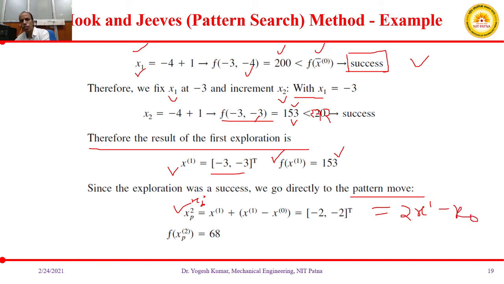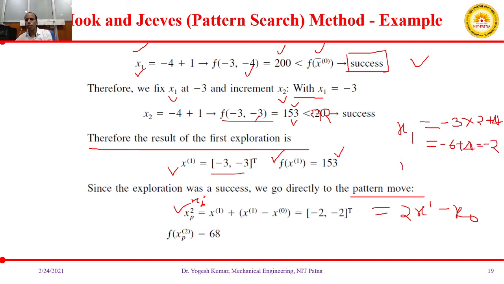So let us try to see what will be the value. x1 is -3, so -3 into 2, minus x0 is -4, so minus of it will become plus 4, so this will come -6 plus 4 equal to -2.